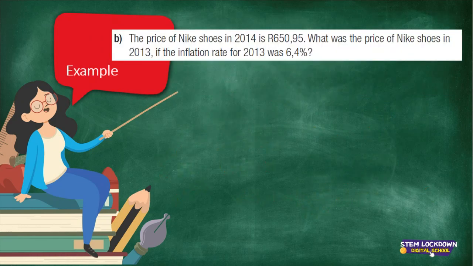Okay, now they tell us the price of Nike shoes. Very important, we need to underline the year. In 2014 it is 650.85. Now they ask, what was the price of Nike shoes in 2013? We're now going backwards.